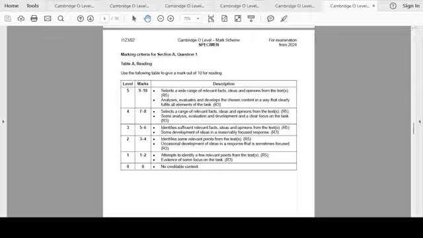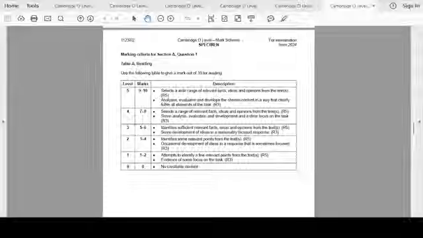So doing it twice is not going to add value to your text. The second, analyze, evaluate, and develop. So again, this analyze, evaluate, and develop thing is something that gets students scared, and it's nothing to be scared of. It's a skill that needs to be developed, and we will work on it.